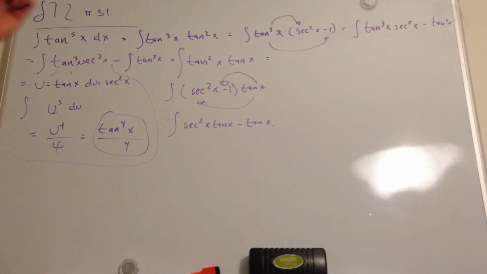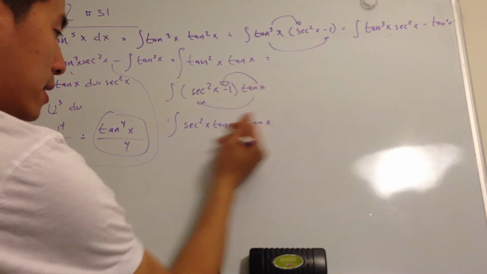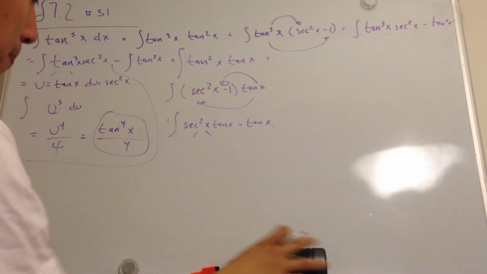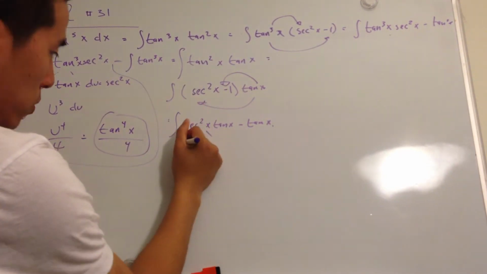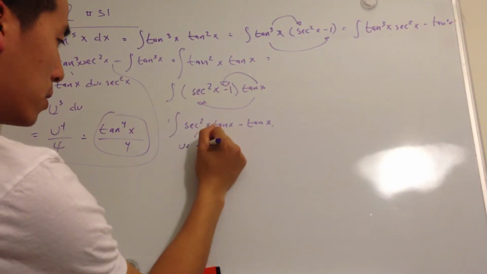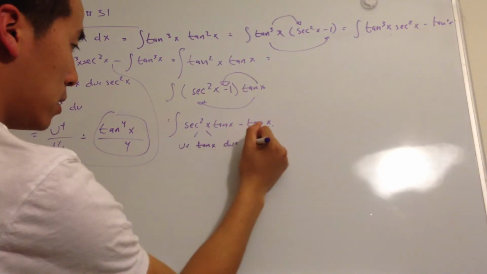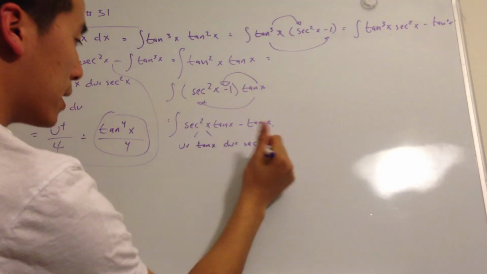Now it'd be helpful if we could break this integral up again by just doing this part, secant squared x tangent x. We'll use the same u sub, u equals tangent x, du equals secant squared x.